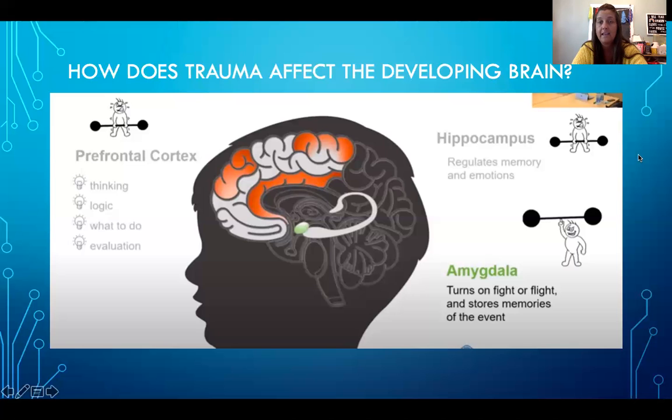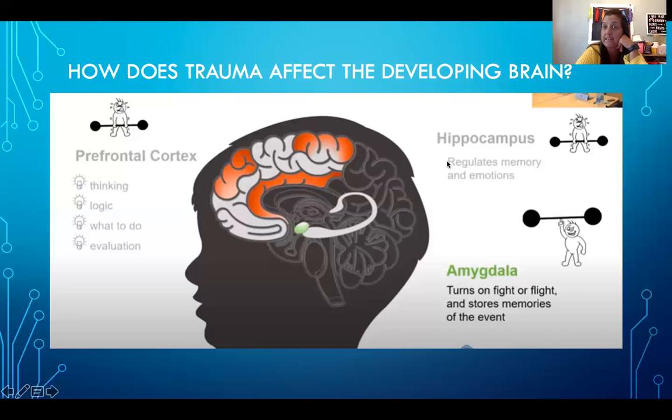All right, so that is what chronic trauma is like for a child. And that amygdala in that situation is always working, working, working. And it works so hard that it shuts off these different parts of the brain.